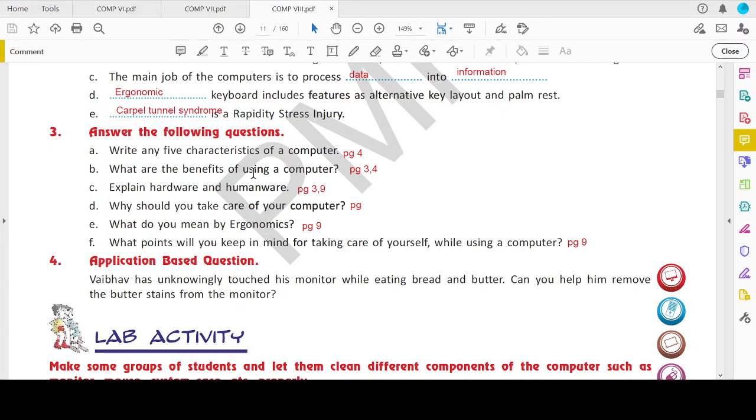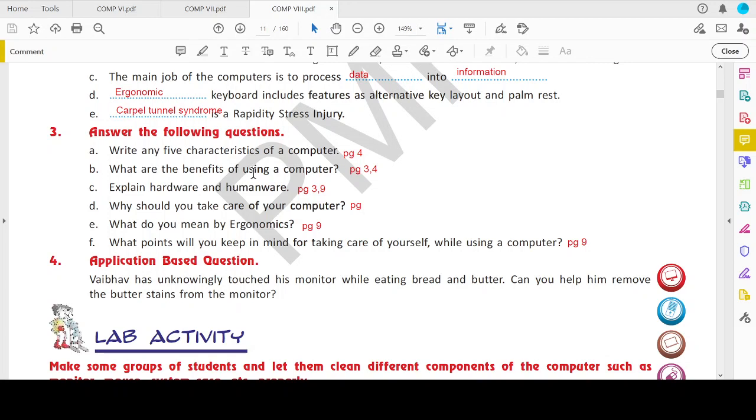So hardware and software both work in a coordinated manner to give you a desired output, to do your work. You give your input through some hardware, and you get some output through some hardware. The devices through which you give input are called the input devices. The devices on which you get the output are called the output devices.